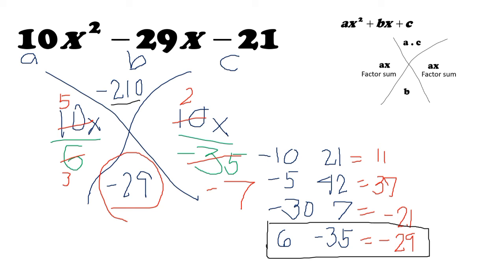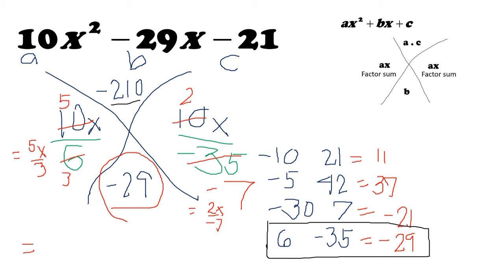So in this case, we have now the result of 5x over 3, and we have here 2x over negative 7. So what then is the factor?